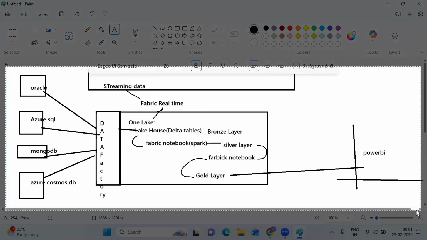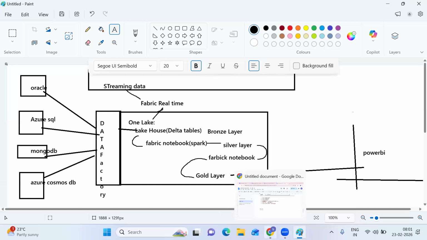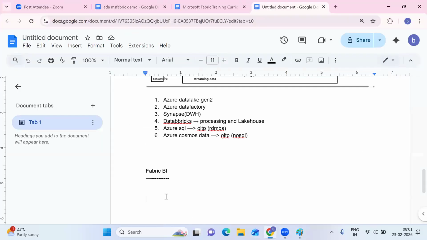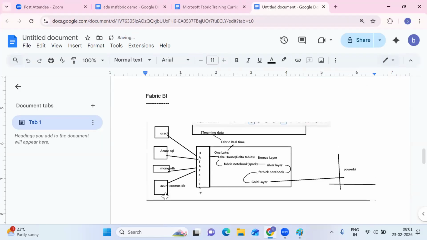OneLake, that is for storage. Without that we cannot do anything. This is for Lakehouse. Second, Data Factory.